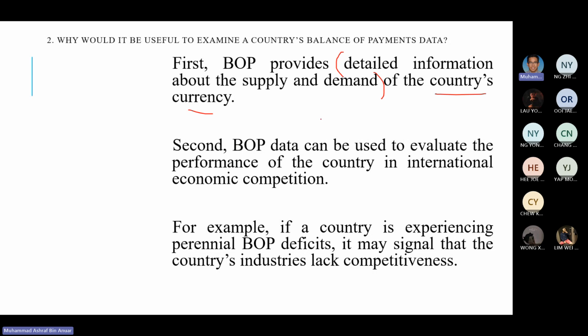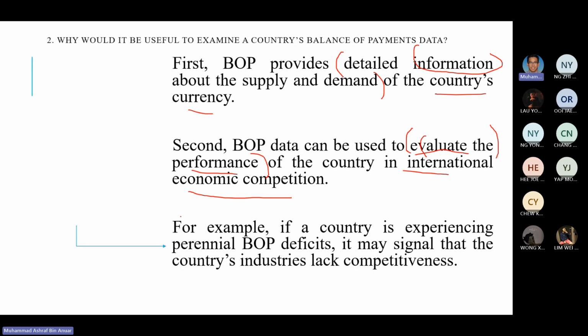Next, the BOP data can be used to evaluate the performance of the countries, to look at their international economic competition. So the second point is to evaluate the performance of the country's international economic competition.